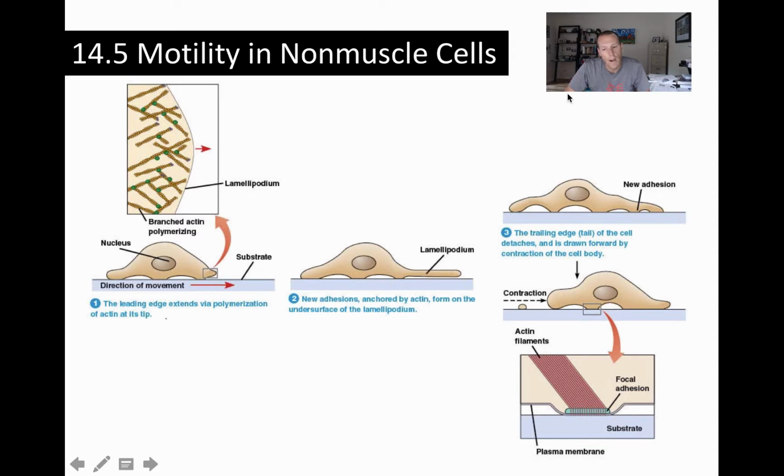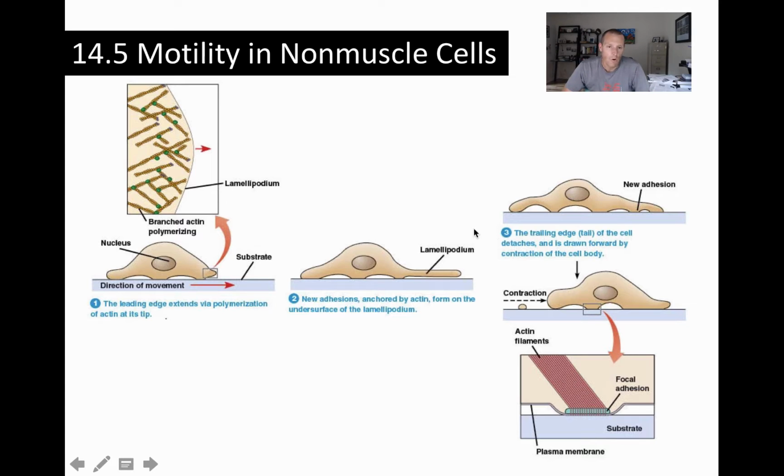And then there is contraction at the rear of the cell, which detaches and then squeezes forward due to the action of actin and myosin interactions, and that's under the control of the Rho protein, which we've talked about before, and there's also a regulation of myosin 2 at the rear end of the cell.